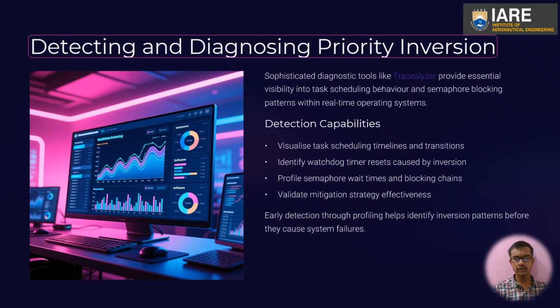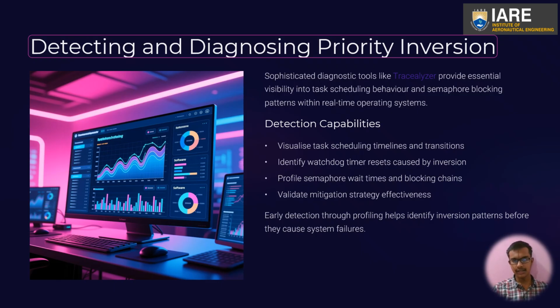Now let's discuss detecting and diagnosing priority inversion. Sophisticated diagnostic tools like Tracealyzer provide essential visibility into task scheduling behavior and semaphore blocking patterns within real-time operating systems. There are four major detection capabilities to discuss.